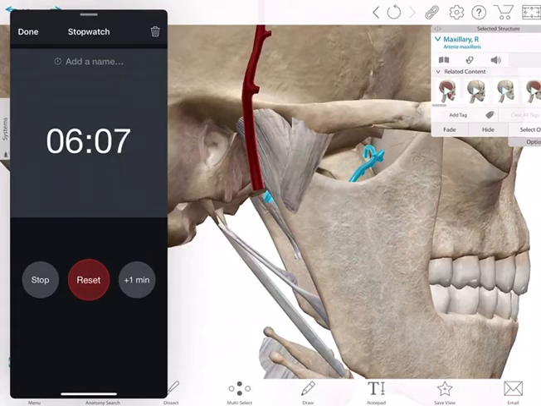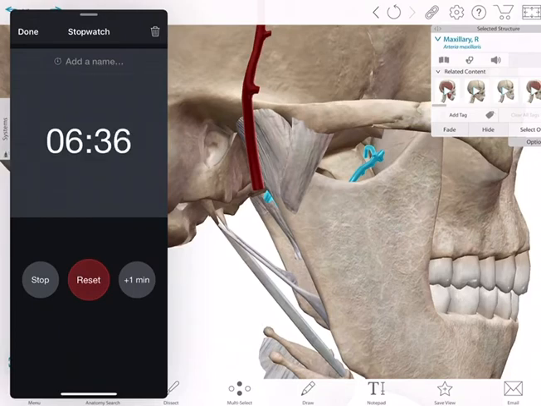So the arterial supply to the TMJ is mainly from the deep auricular artery, a branch from the maxillary artery, also from the anterior tympanic artery, which is also a branch from the maxillary artery, and the superficial temporal artery, a branch from the external carotid artery. Okay, it's a terminal branch.